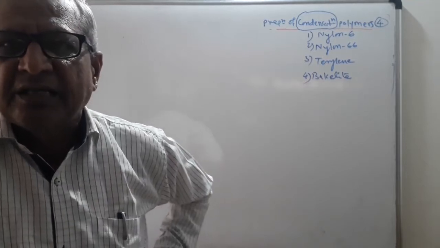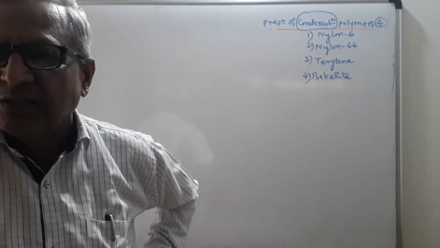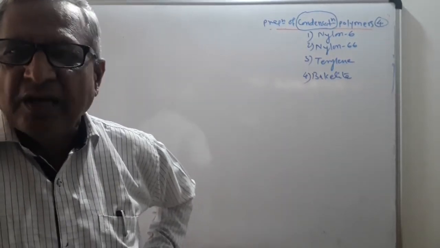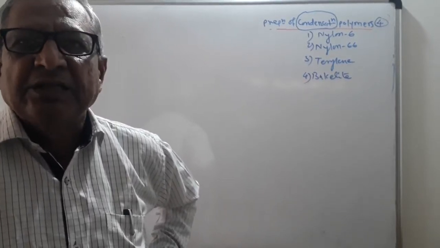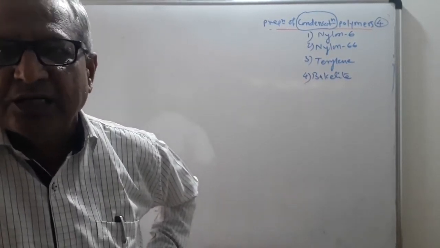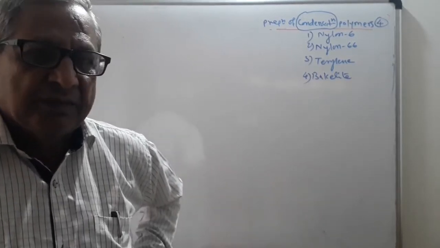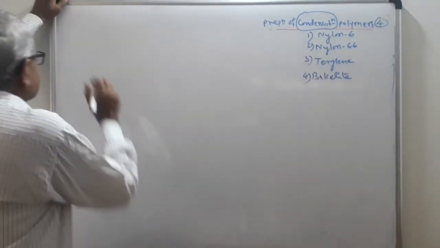First, nucleophilic addition of one molecule to another molecule will take place. One will act as an electrophile, second will act as a nucleophile. Therefore, this is a nucleophilic addition reaction. And then elimination of small molecules such as water or alcohol takes place. Therefore, this is called condensation polymers. First, we have to learn Nylon 6,6.